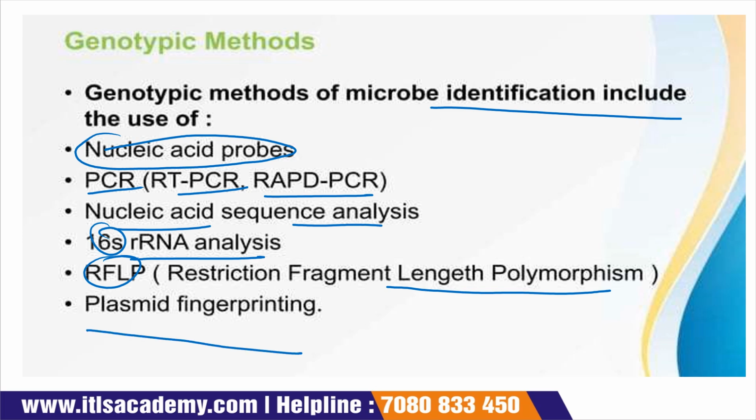Okay, so with the help of this genotype method, we identify microorganisms using nucleic acid probes, PCR, RT-PCR, and RAPD-PCR, nucleic acid sequence analysis and 16S RNA analysis, RFLP, that is restriction fragment length polymorphism, and plasmid fingerprinting.